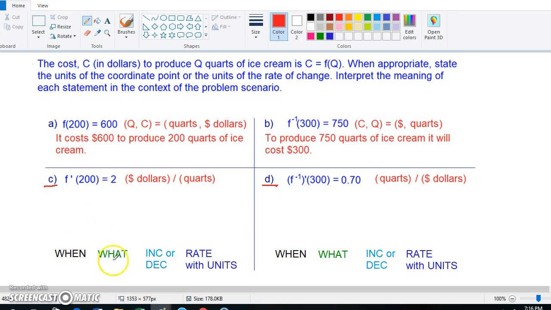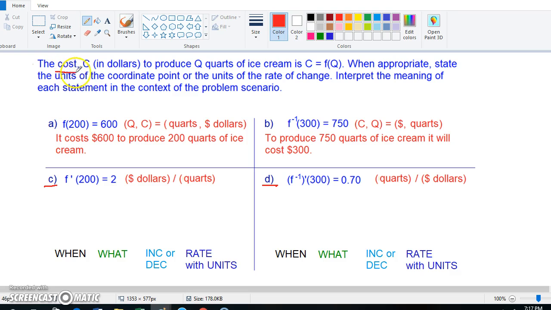Okay, what is changing? What is increasing or decreasing? Okay, so if we're talking about this rate being $2 per quart, well that's my rate with units, but what is changing? So always look back at the prompt. What are we talking about?